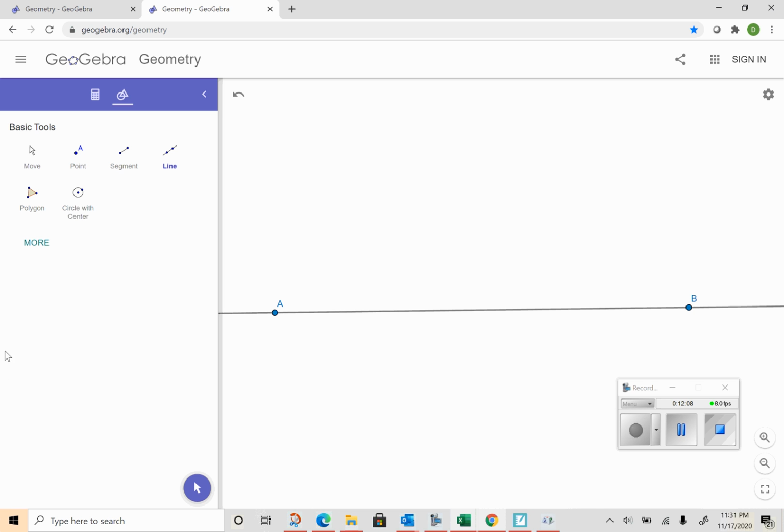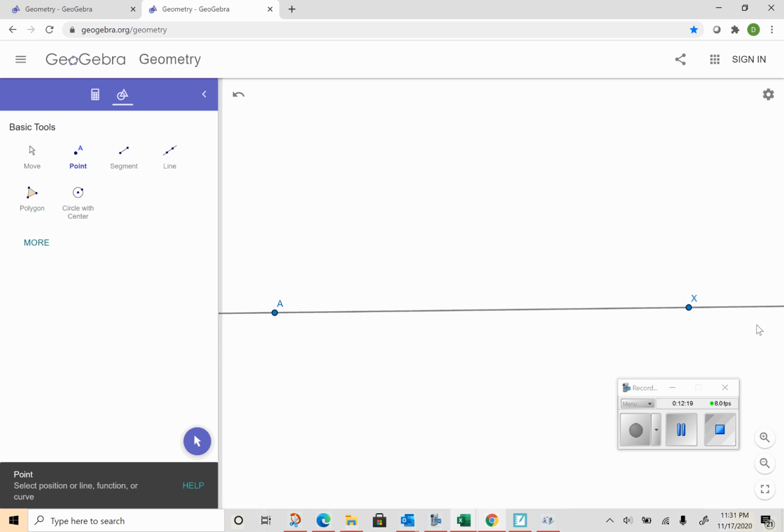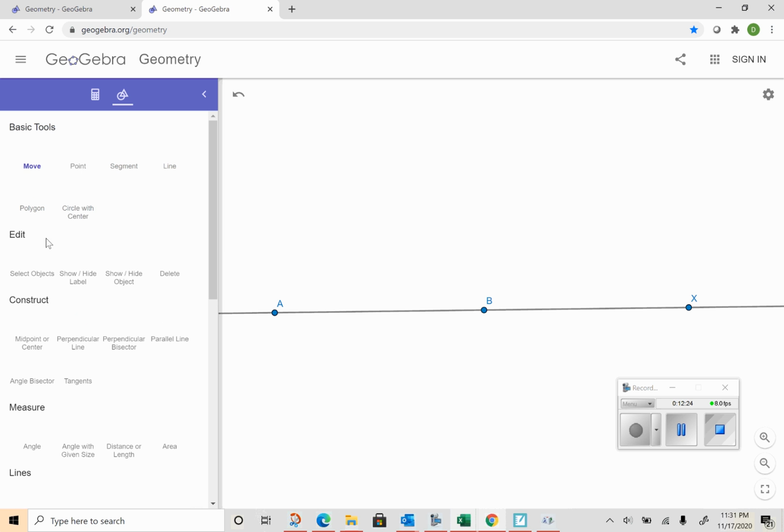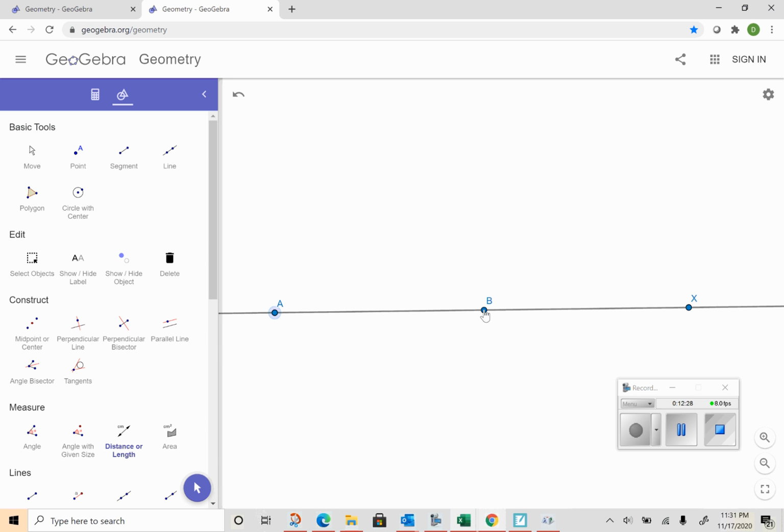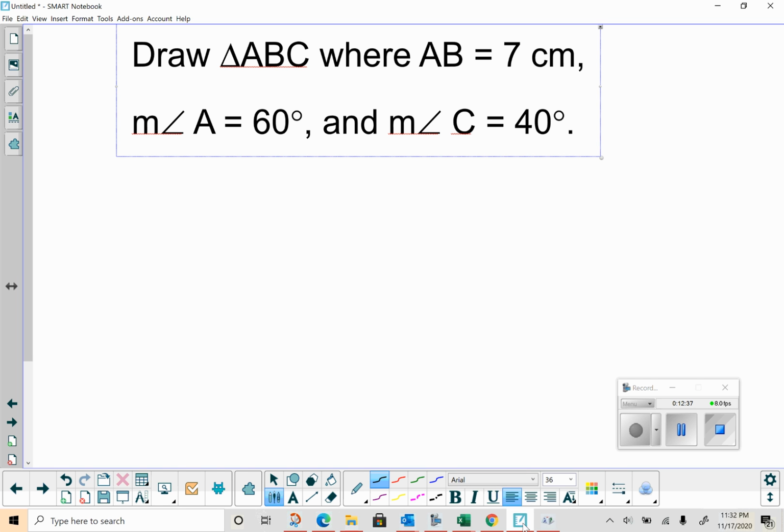That's not the location of point B. Oh, that was a good guess. Okay, so segment AB is 7 centimeters, the measure of angle A is 60 degrees.